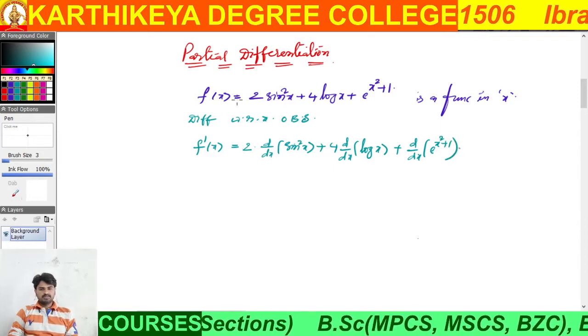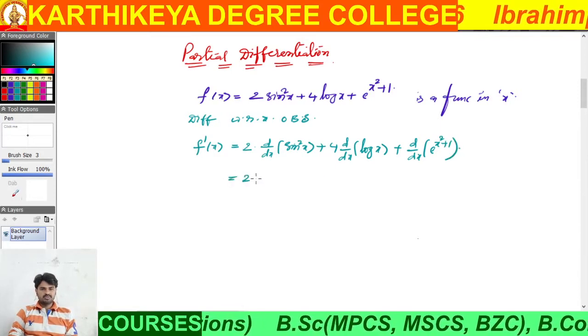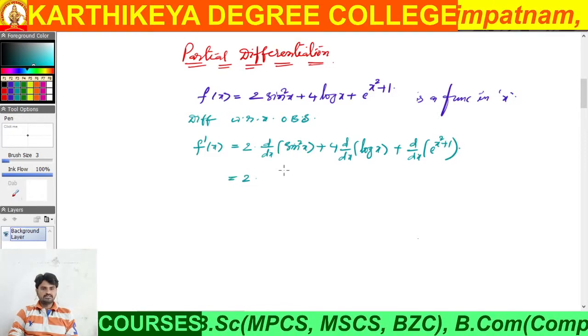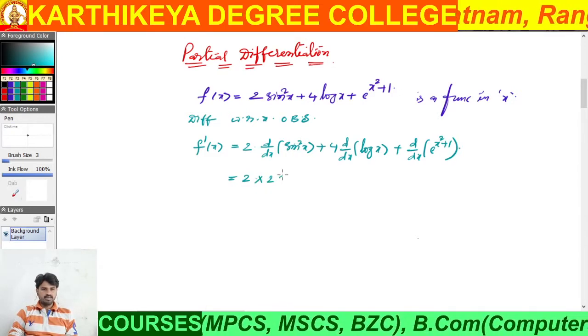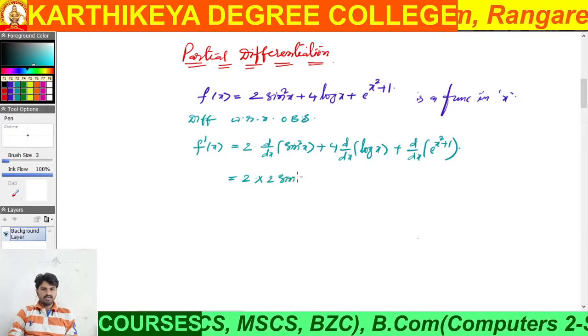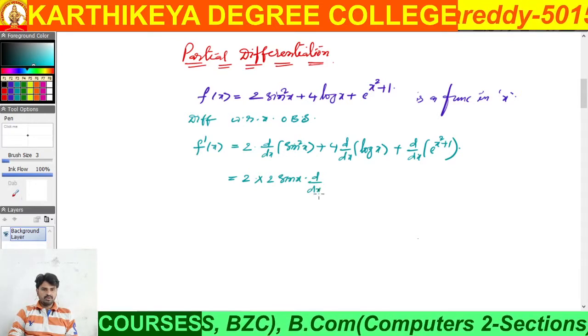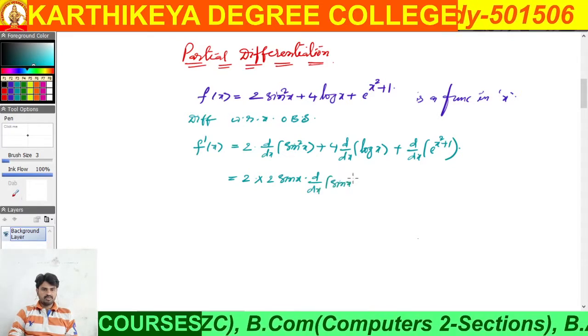Okay, so we have a formula: 2 into derivative of sine square x, which is of the form x to the power of n, that means n into x to the power of n minus 1, so sine power 1 x into again derivative of sine x. Okay, we can write this one.